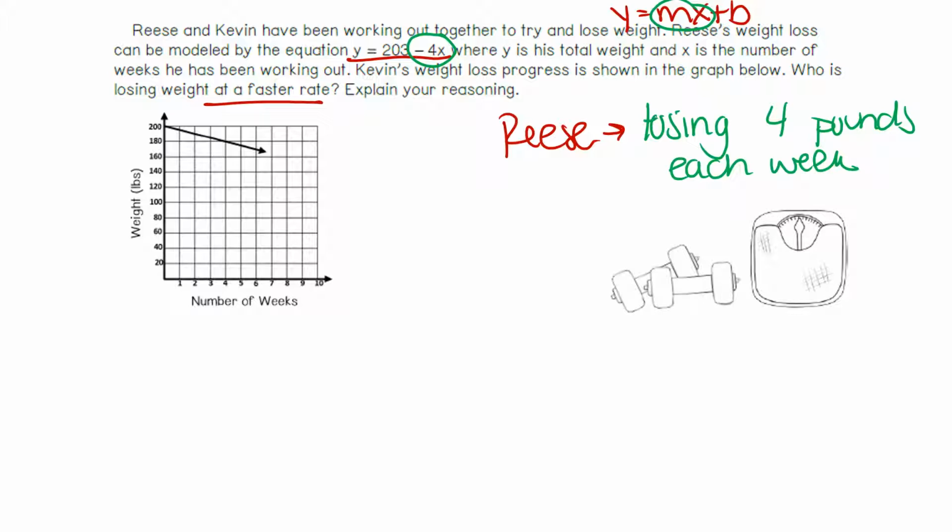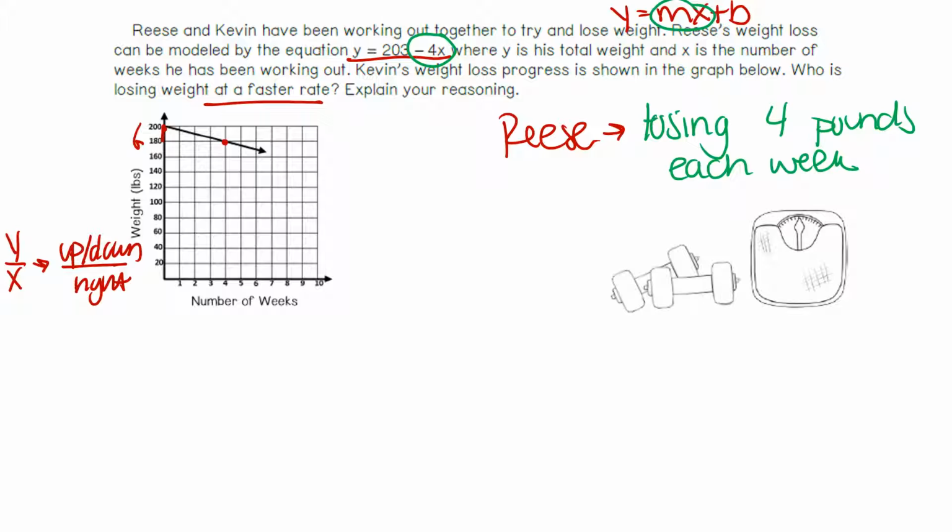Now we can reference Kevin's weight loss from the graph. So for Kevin, we want to pick out the points we can read clearly. He's starting here at 200, and we're going to go down to this point here because it crosses two lines evenly. So remember, we set it up as a fraction y over x. We go up or down, and then always to the right.